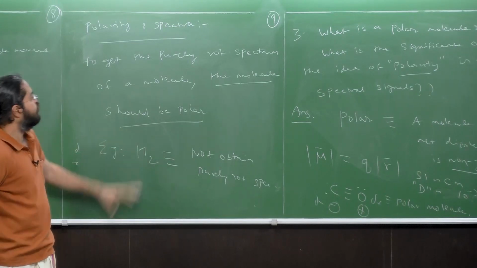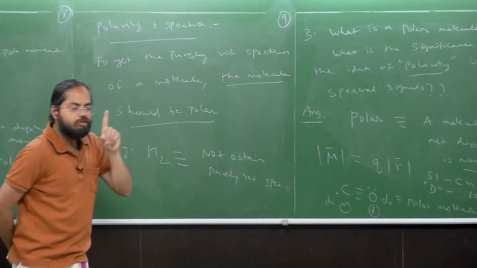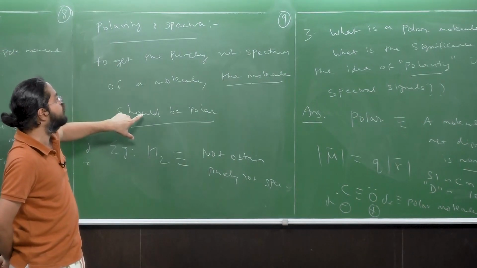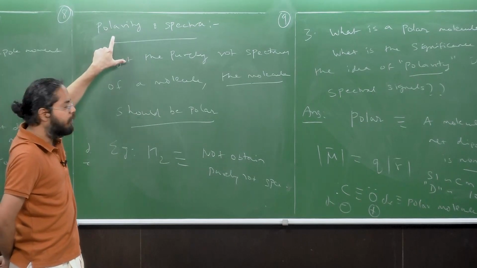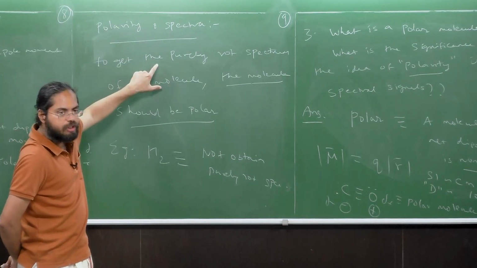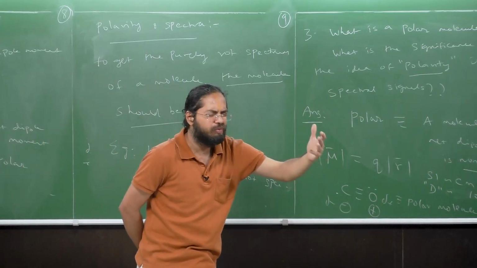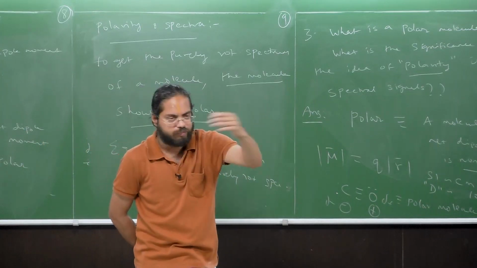All right. So please note that I haven't told you the reason why the molecule should be polar for us to obtain its purely rotational spectrum. This is a consequence of results of quantum mechanics, which we shall touch upon very briefly in a subsequent lecture.